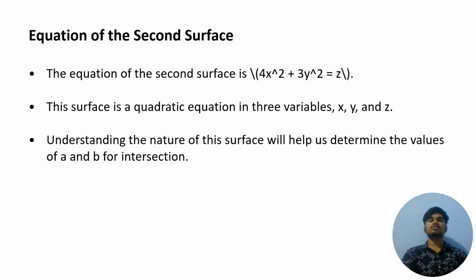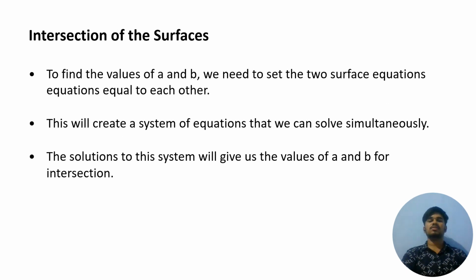Equation of the second surface. The equation of the second surface is a quadratic equation in three variables x, y, and z. Understanding the nature of this surface will help us to determine the values of A and B for intersection.